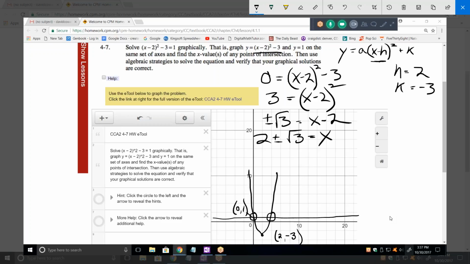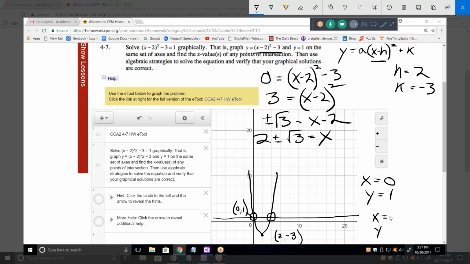On the left circle. Where does that look like it is? What are the coordinates of that? 0 and 1. Okay, so one solution would be x equals 0, y equals 1. And this other solution, it's hard to see, but not that hard. Where do you think that might be?